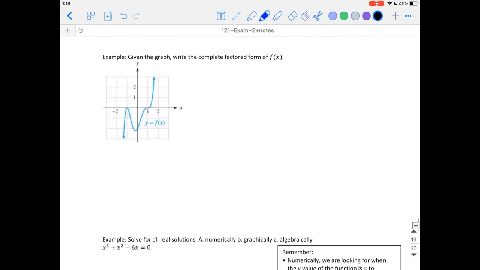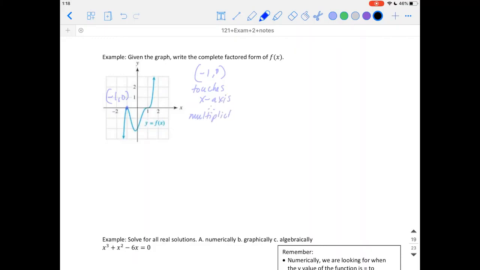Okay, next one. Given the graph, write the complete factored form of f of x. Okay, so we always start off with the zeros here, which are our x-intercepts. And so this one is -1, 0. So for -1, 0, it touches the x-axis.